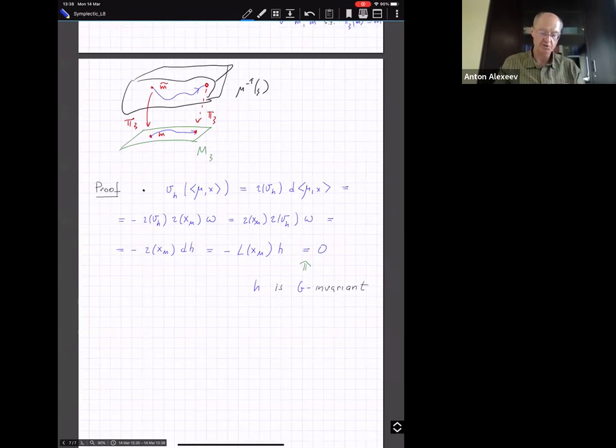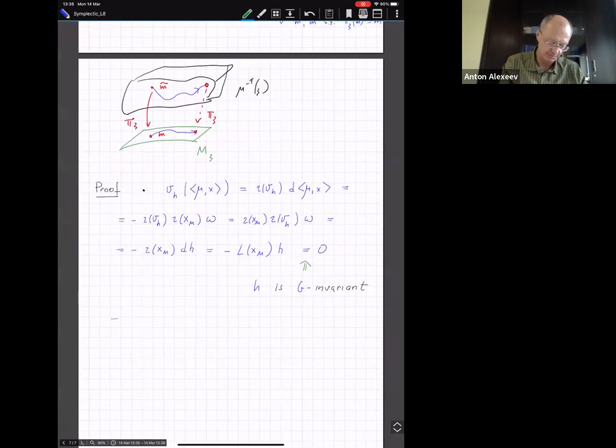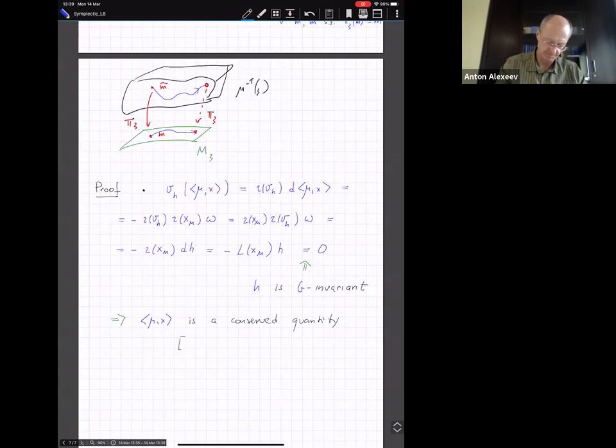All right. So, just to make an explicit link to Noether's theorem, the other way to say it is that mu x is a conserved quantity, and that's Noether's theorem.